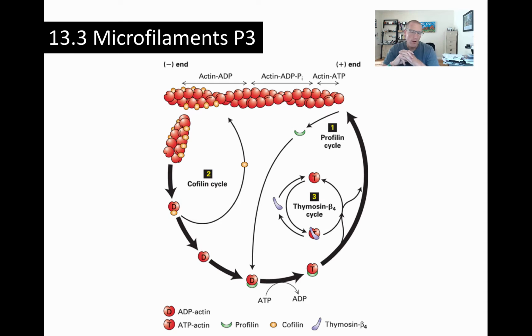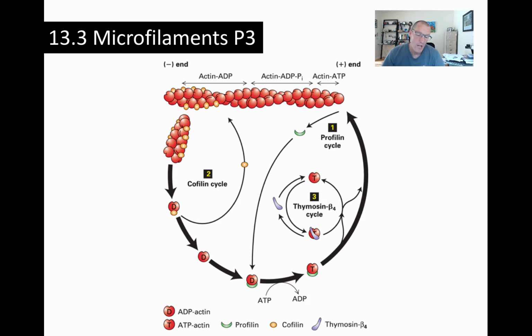So let's see what we got going on here in this diagram. It looks a little bit complicated. Now, as we talked about, if the concentration of ATP-bound G-actin is high, that is higher than the critical concentration for the plus end, then we will see polymerization into actin filaments. At some point, the actin concentration will drop below the critical concentration, and we will see polymerization ceasing.